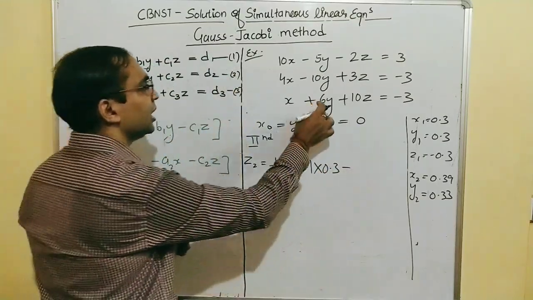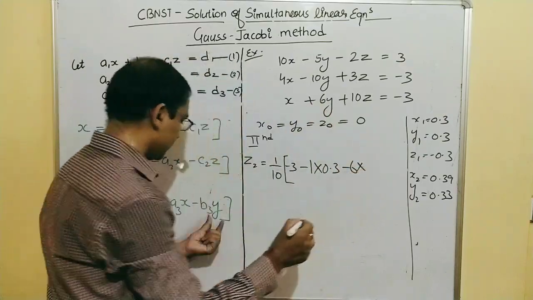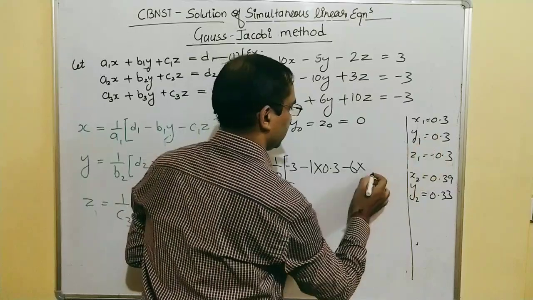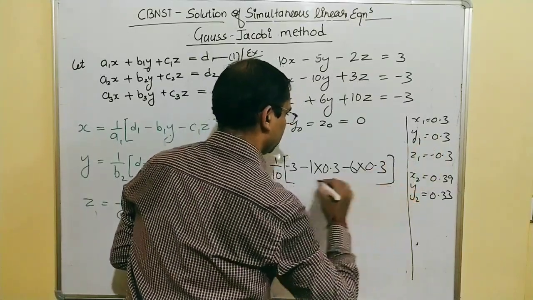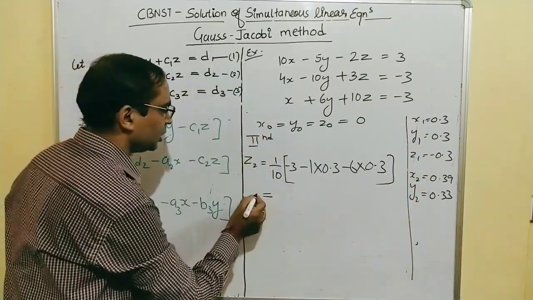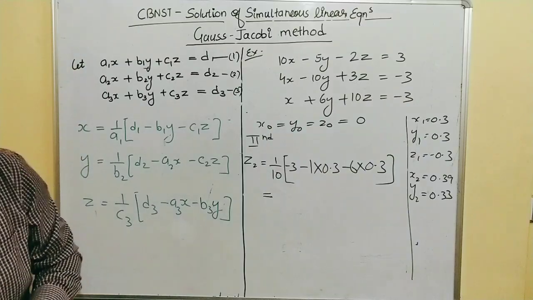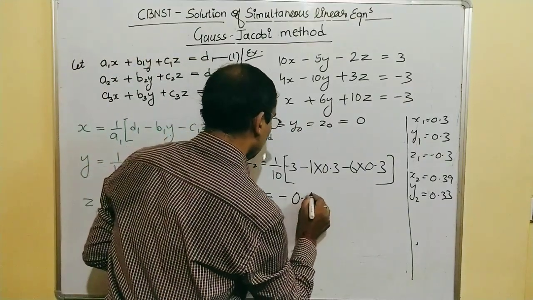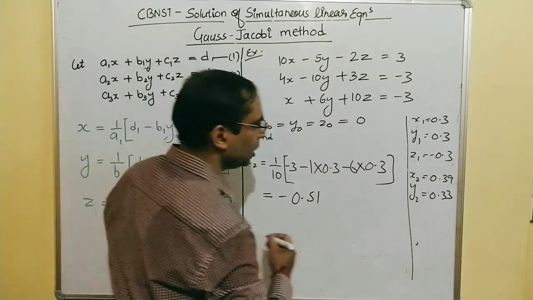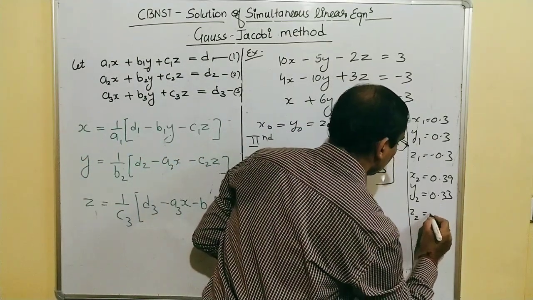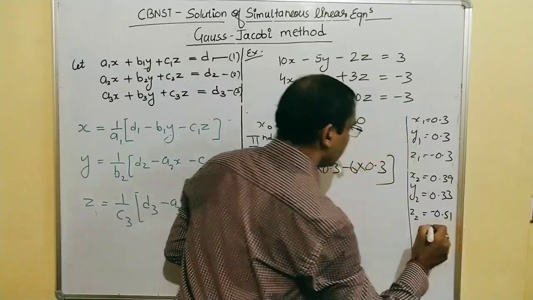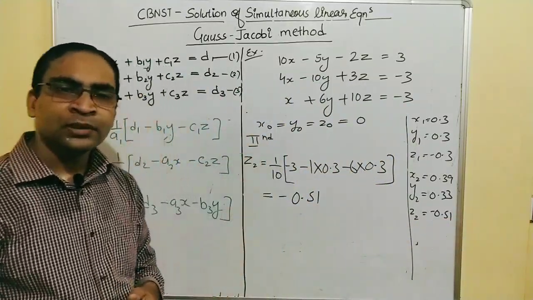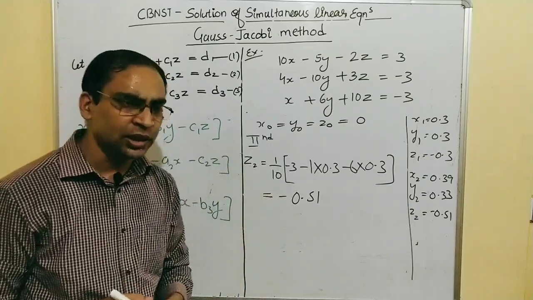What is b3? That is 6 cross y1. What is y1? 0.3. So this is z2, and the value of this z2 comes to be minus 0.51. So we have completed our second iteration, and then we can continue with our third iteration.